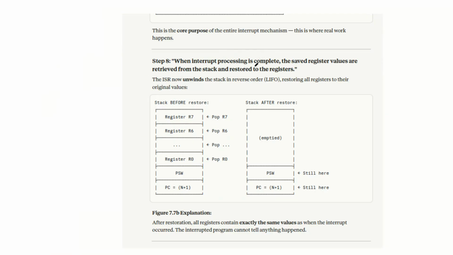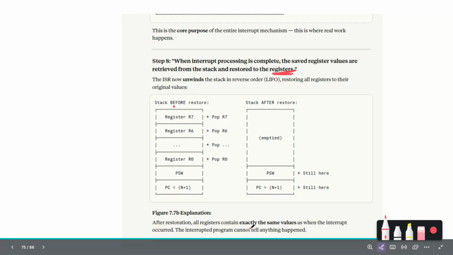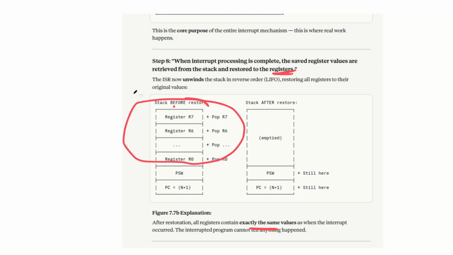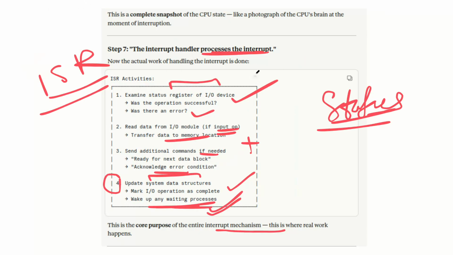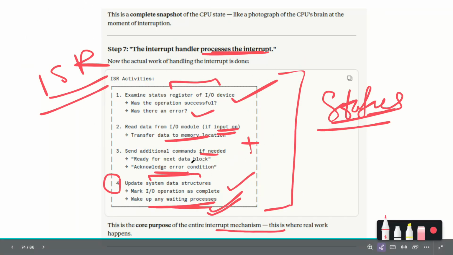When interrupt processing is completed, the saved register values would be retrieved. These we have to restore. The saved register values will be restored from the stack, putting them back into the registers. After restoration, all the registers would contain the same values as previously. We pop all of these register values from the stack, and now the registers have the values they had before the interrupt service. So the interrupt service activities are finished.